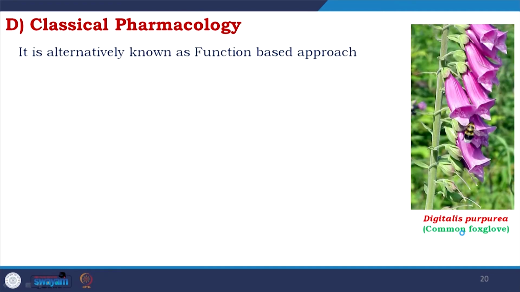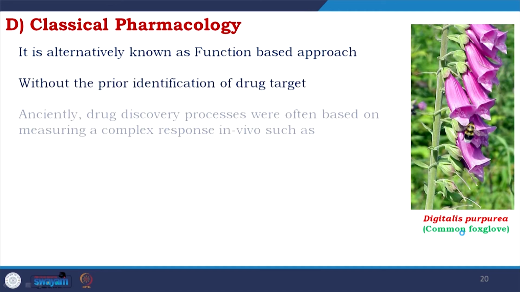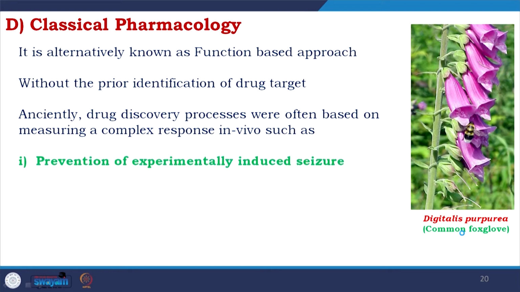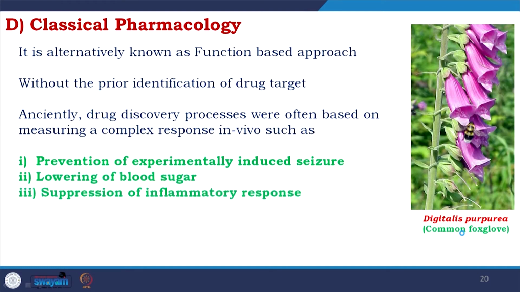Classical pharmacology is alternatively known as function based approach. Without prior identification of a drug target, drug discovery processes were often based on measuring a complex response in vivo, such as prevention of experimentally induced seizure, lowering of blood sugar, suppression of inflammatory response.